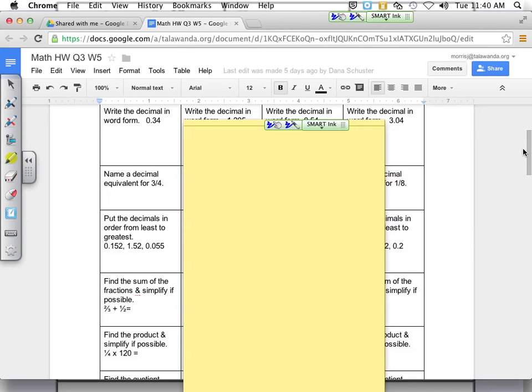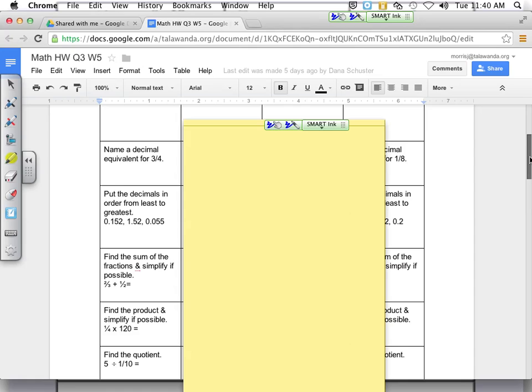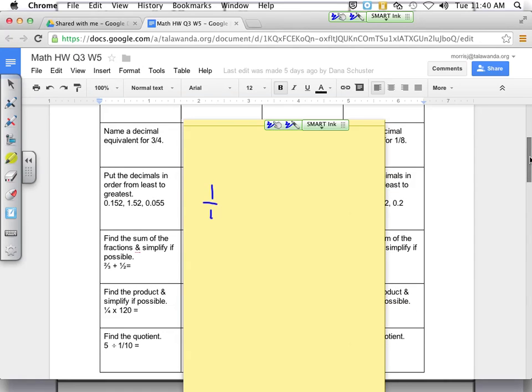We're multiplying fractions this time. We have a 4th times 120. What do we do when we just have a whole number? Cody? We put 100. Good job. And finish this out. What do I need to do to multiply? All you need to do is 1 times 120, which is 120. Good. And then you do 4 times 1, which is 4. Okay. So now what do I need to do?